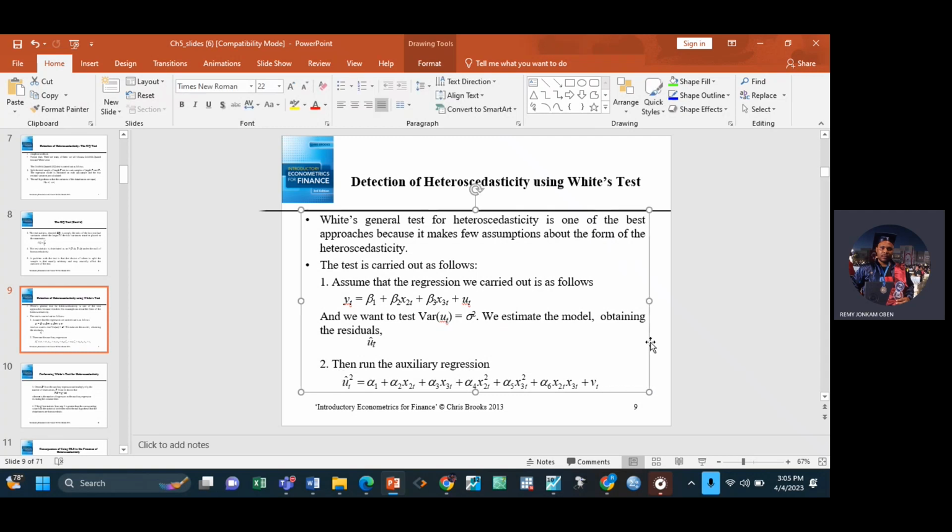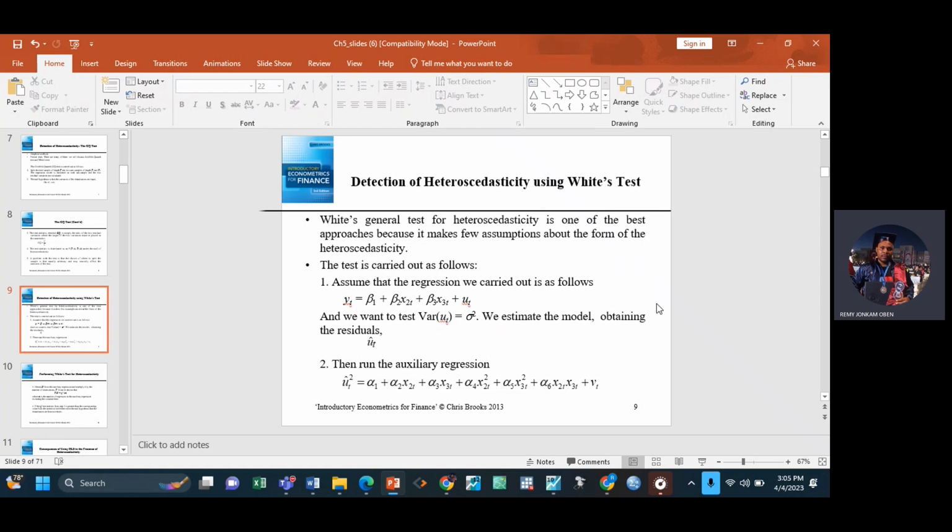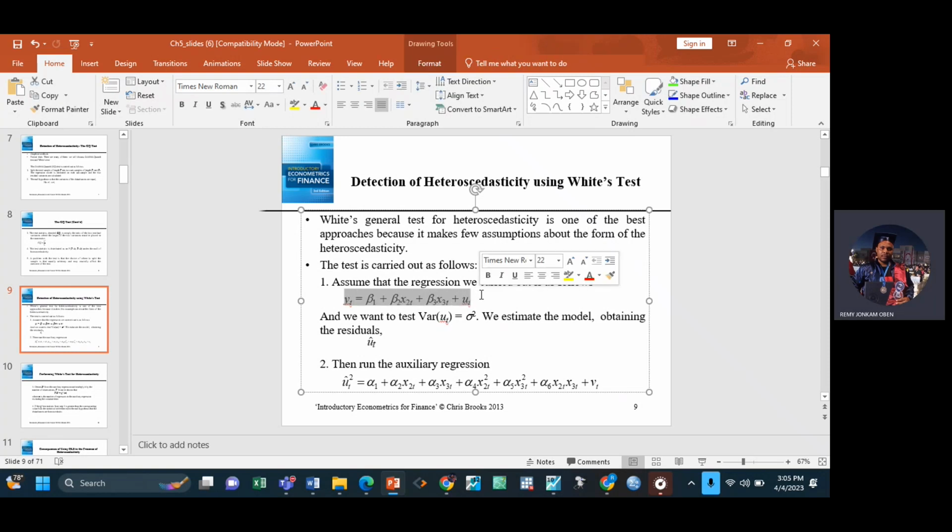So of course you don't do this manually. EViews is doing it for you, but this is what EViews is doing, right? In the first step, EViews runs the regression, obtains the residuals from that regression, and uses these residuals as the dependent variable in the second regression.